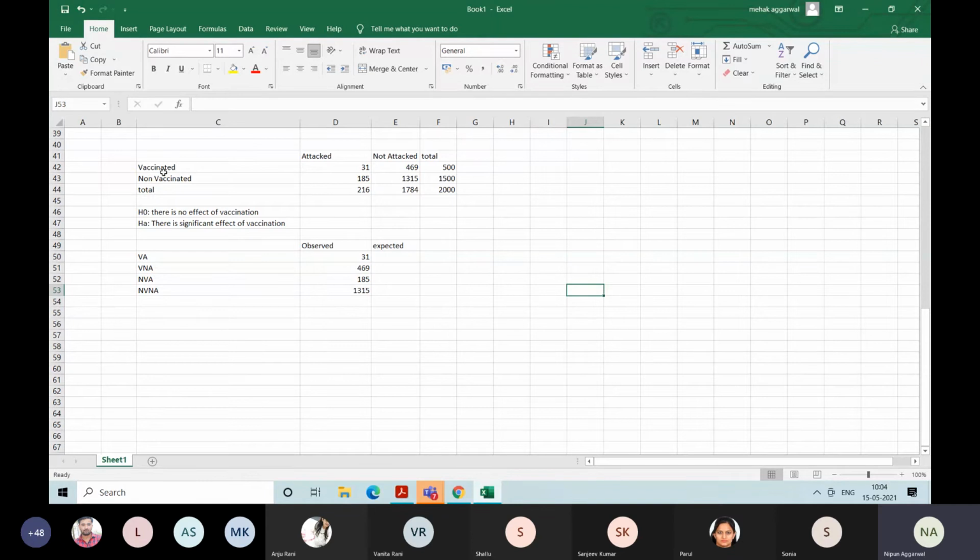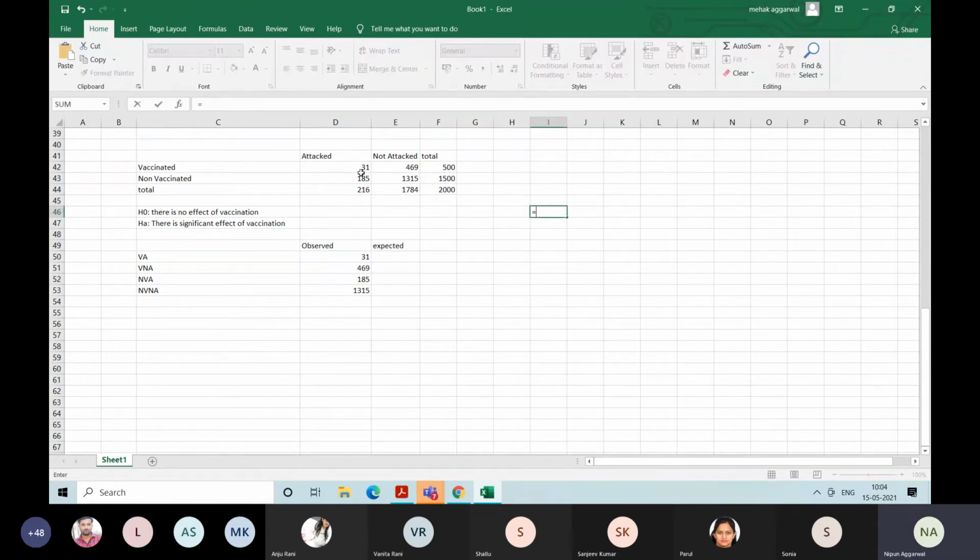Now if you want to calculate the theoretical or expected frequencies, first take vaccinated attacked, the first case, 31. The expected frequency is found by the total of the row times the total of the column divided by the grand total.